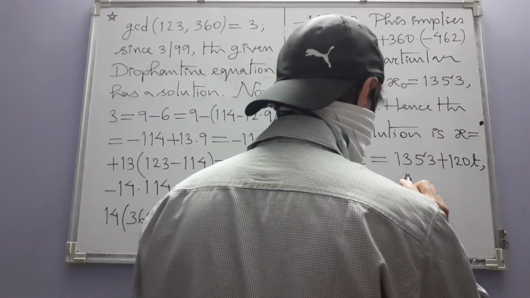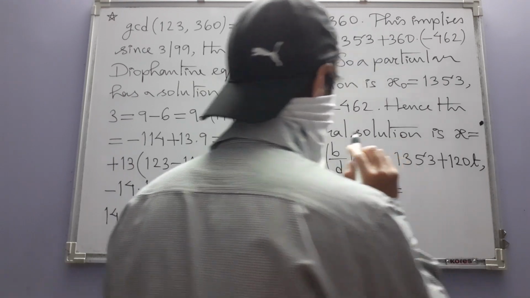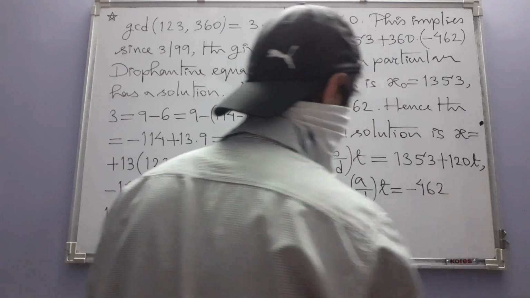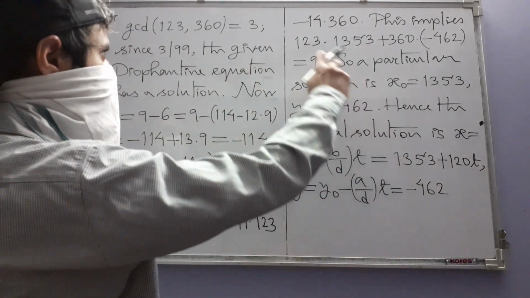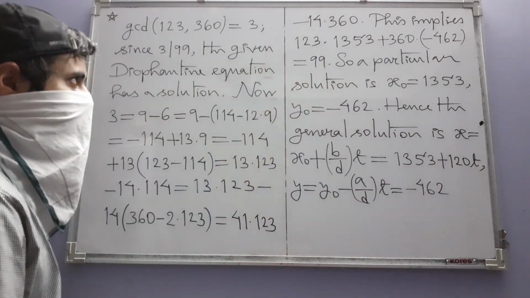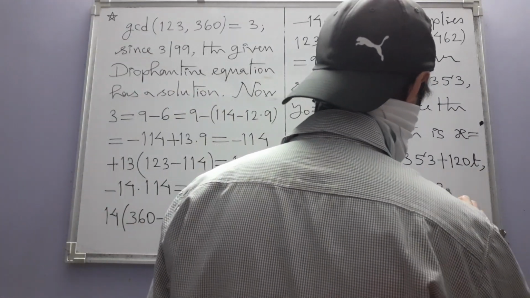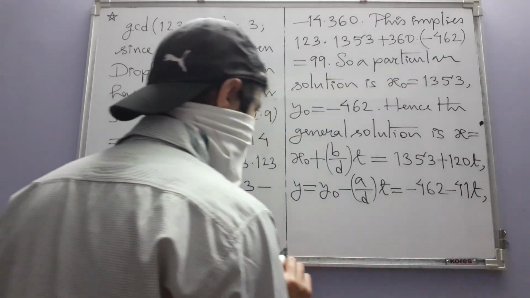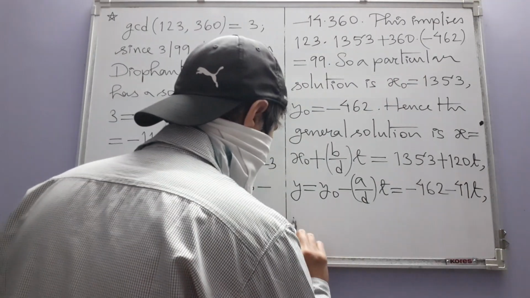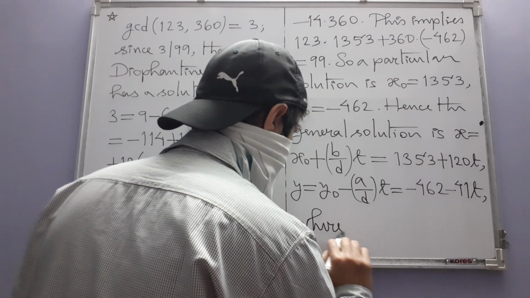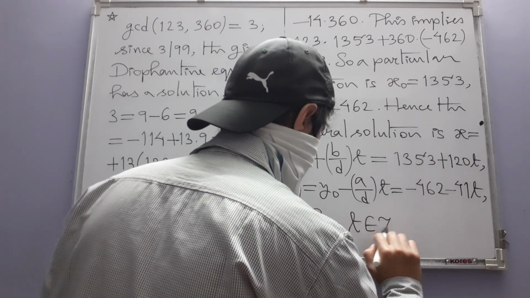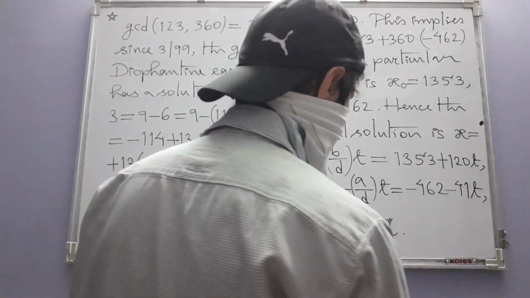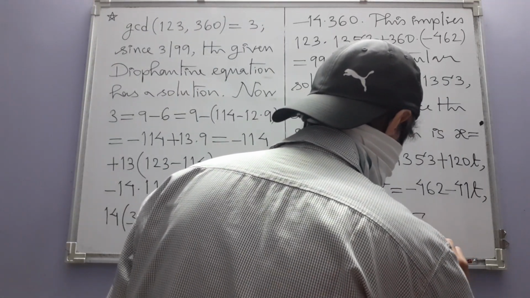Okay, so what is our y naught value? Minus 462, and 123 divided by 3, that is 41, minus 41t, where t is an integer. Now we seek the positive solutions.